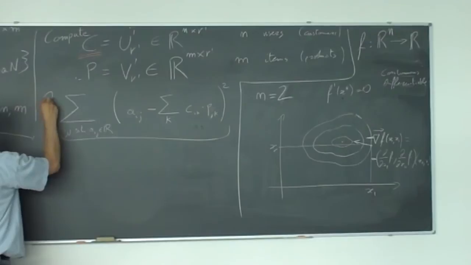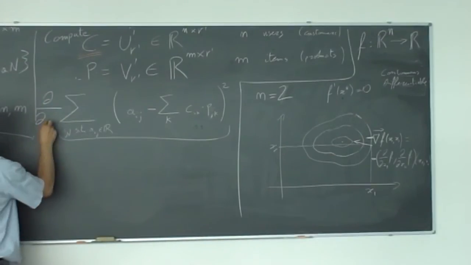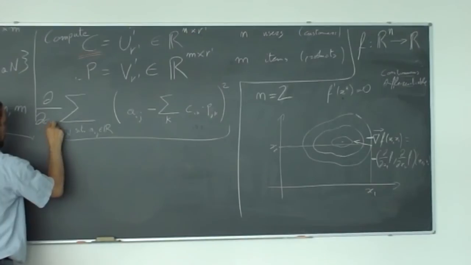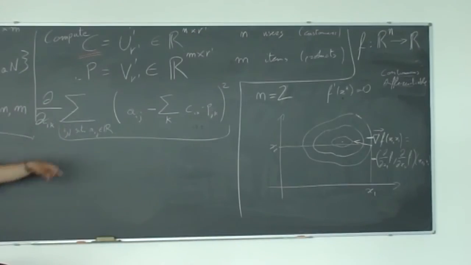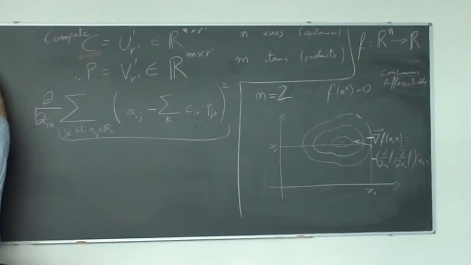For example, the derivative with respect to Cik of this sum, okay, how do I compute it? Any idea?